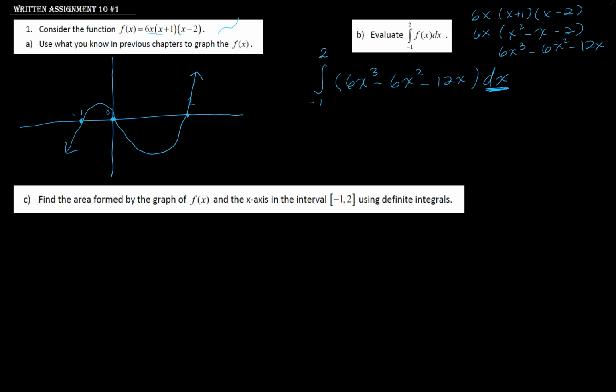Remember how the integral comes about: the rectangles. The dx is describing the base of that rectangle, and the f of x part is the height of that rectangle. So it is important to include that dx in your integral.